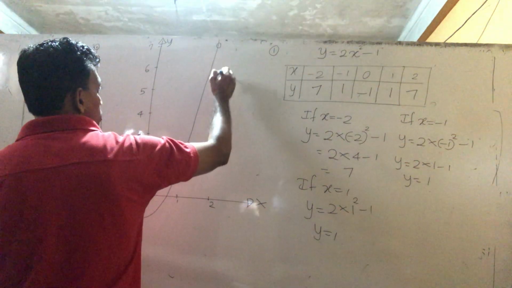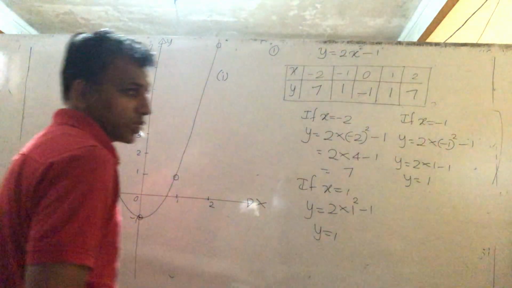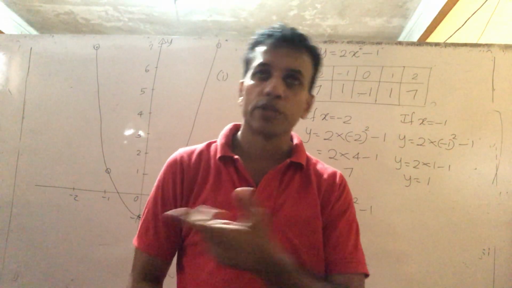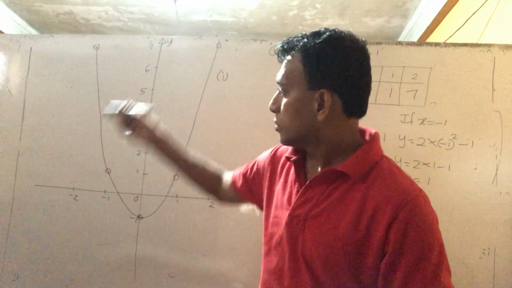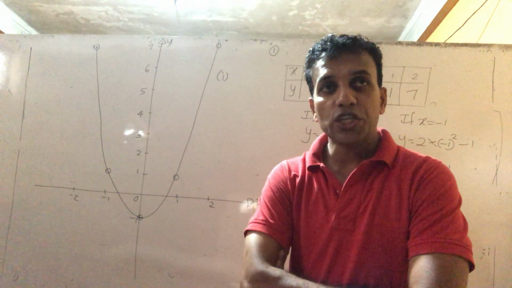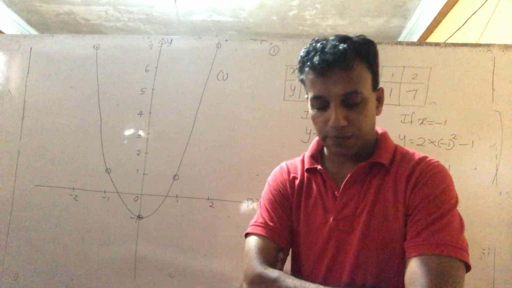Question 1, part 1: fill the table. Part 2: draw the graph. That's already complete. Number 1: write the equation of the symmetric axis.